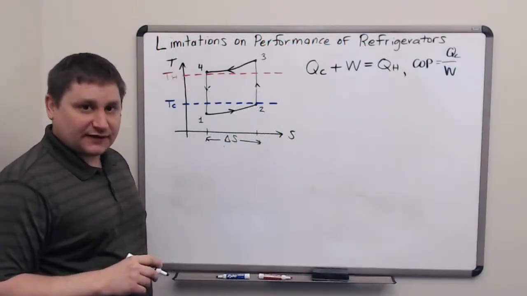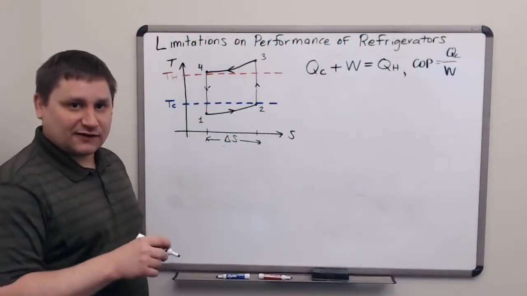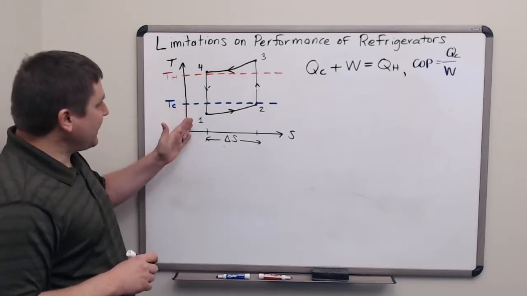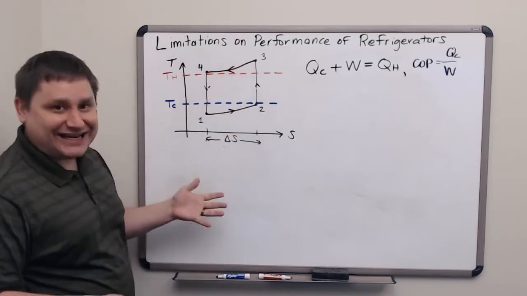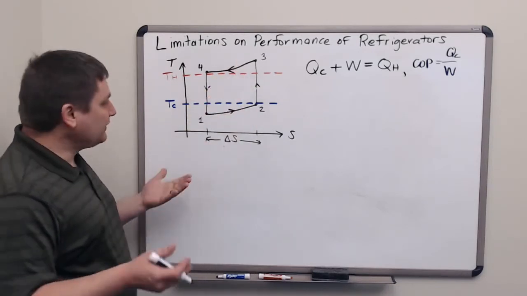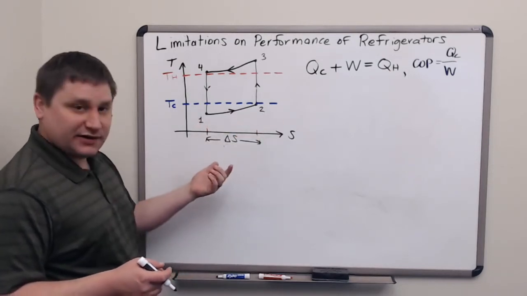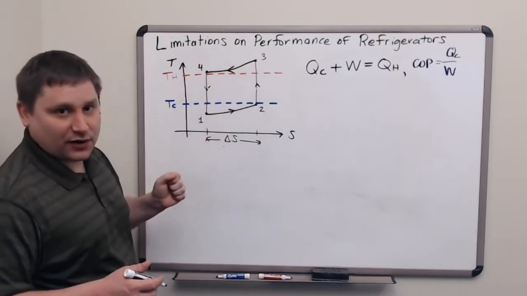The proof that the Carnot cycle's coefficient of performance provides an upper bound starts with the second law of thermodynamics. Let's look at this cycle again and assume that 4 to 1 and 2 to 3 are adiabatic. So we are only going to be concerned with QC, represented by 1 to 2, and QH, represented by 3 to 4.